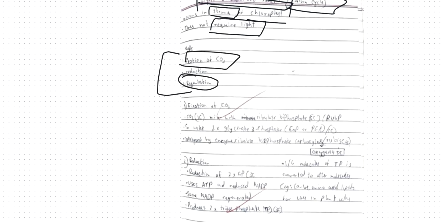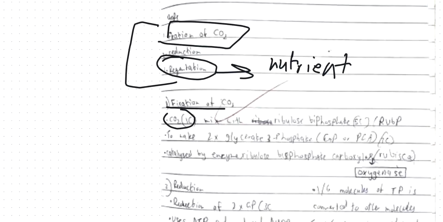Regeneration, the last step of the light-independent reaction, is when you make the nutrients. The important nutrients are made in regeneration. So the first step is fixation of CO2. Carbon dioxide mixes with a molecule called ribulose biphosphate.